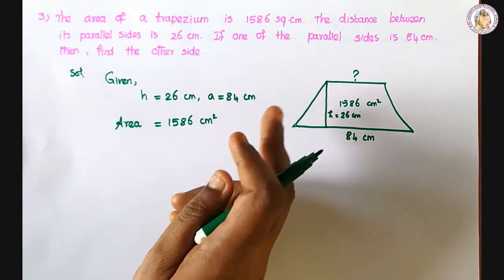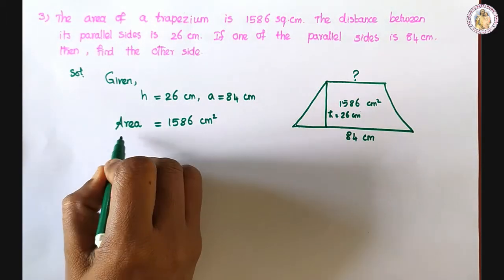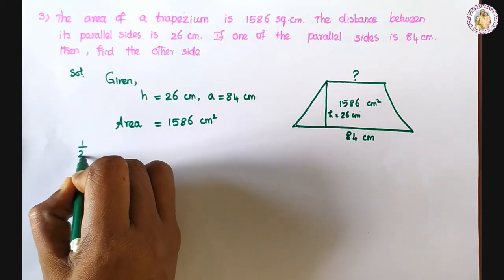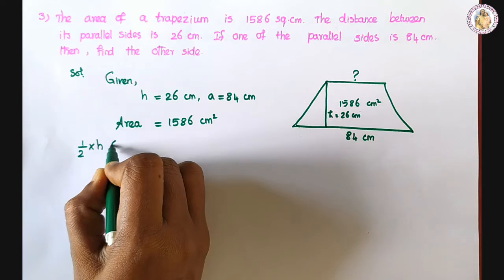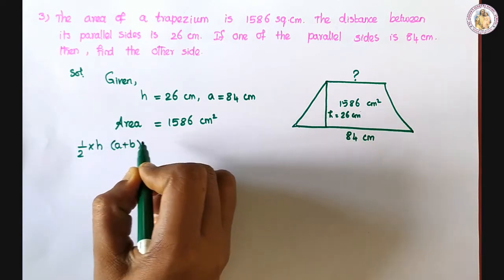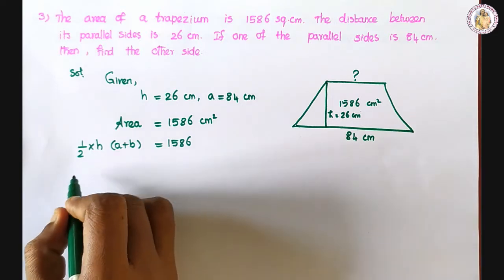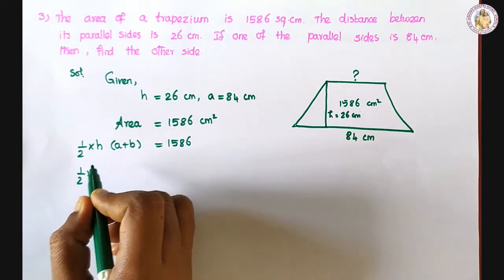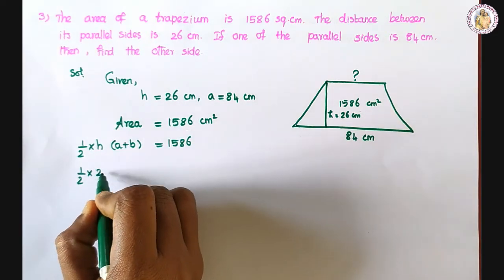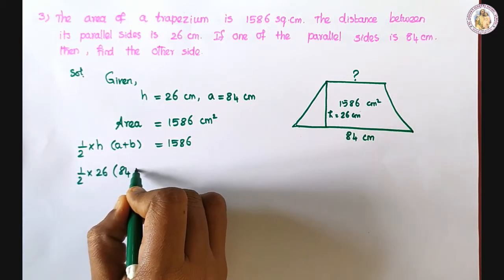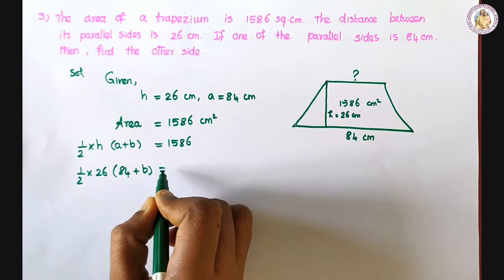We have to find out b side. Instead of area, we apply the formula, that is 1 by 2 into h into (a plus b) equal to 1586. 1 by 2 into, what is h here? 26.